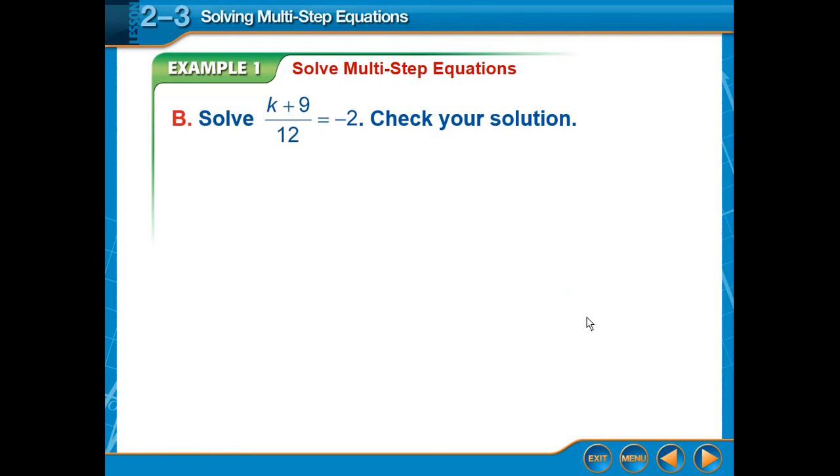Okay, so if we're looking at this, what are we doing to k first? First, we're adding 9, and then after that, we divide by 12. So if we're solving this, we're going to go in the opposite direction and do the opposite operations: multiply by 12, and then subtract 9. So if I have (k plus 9) over 12 equals negative 2, first thing I'm going to do is multiply both sides by 12.